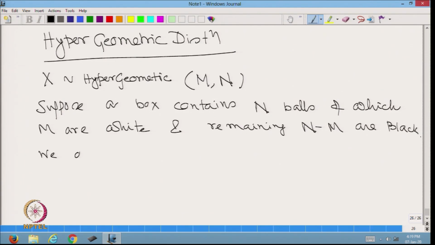We draw n balls out of the box without replacement.